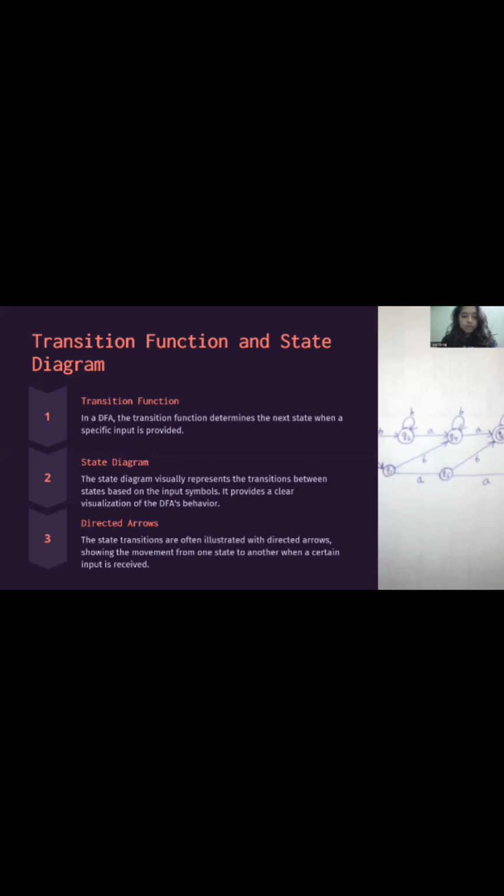It provides a clear visualization of the DFA behavior. Directed arrows. The state transitions are often illustrated with directed arrows showing the movement from one state to another when a certain input is received.